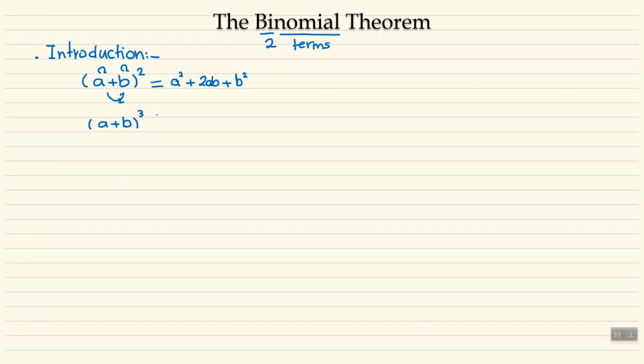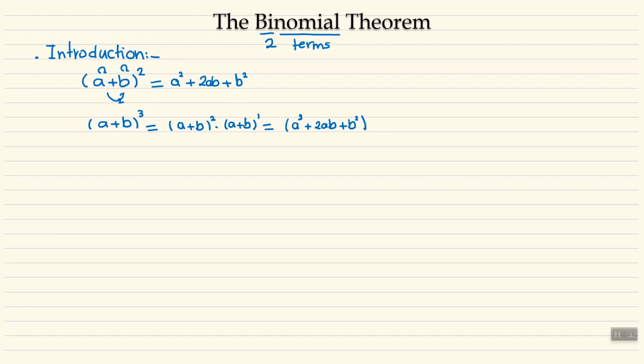So generally what we do is we think of this as 1 bracket, a plus b to the power of 2, multiplied by 1 bracket, a plus b to the power of 1. And then the first bracket, a plus b to the power of 2, is expanded as we did in the first step. So it is a squared plus 2ab plus b squared.